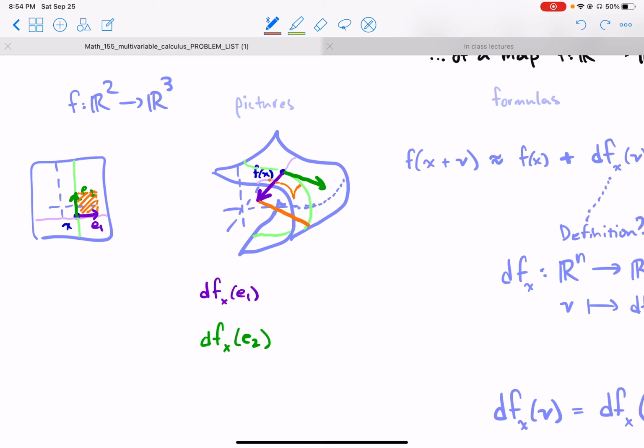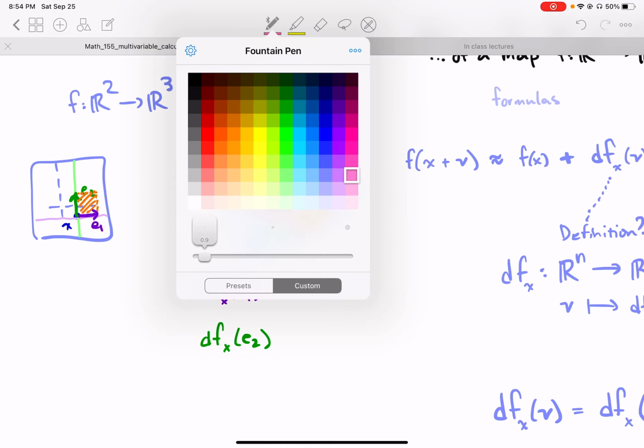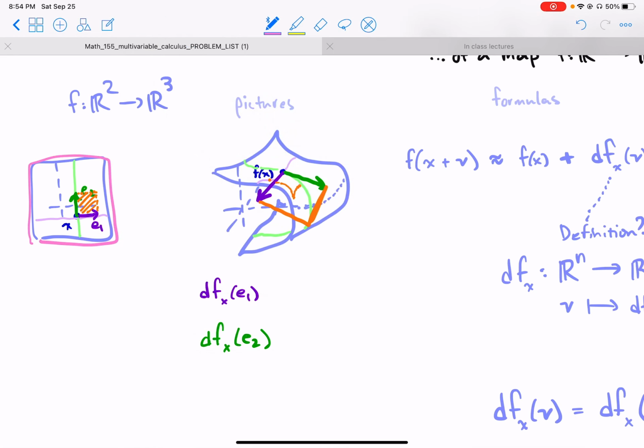So it won't necessarily be a square again, but it'll be a flat parallelogram, and in fact, the derivative maps the whole of R2 to this tangent plane. And this plane just exactly matches this curvy surface at that point, and it's tangent to the point.